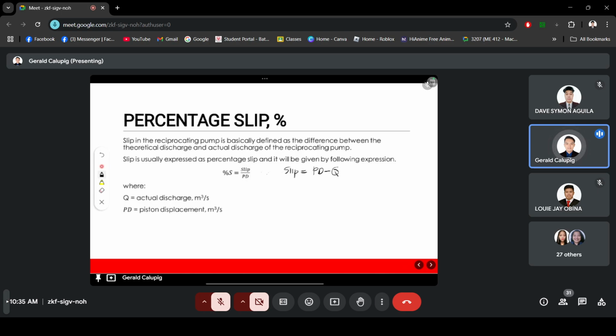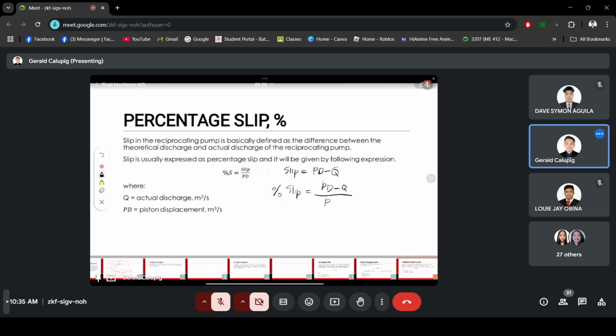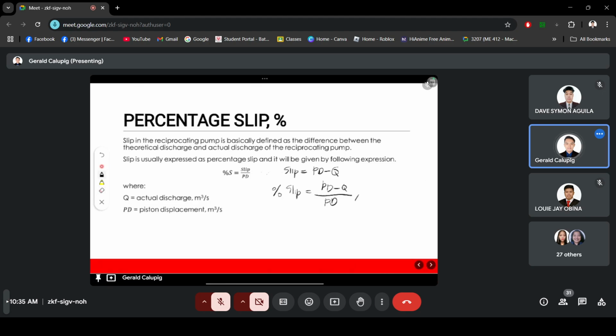We can have percent slip is equal to slip over PD, or percent slip is equal to PD minus Q over PD, right? This is in terms of percent. Any question po? Do you have any question?